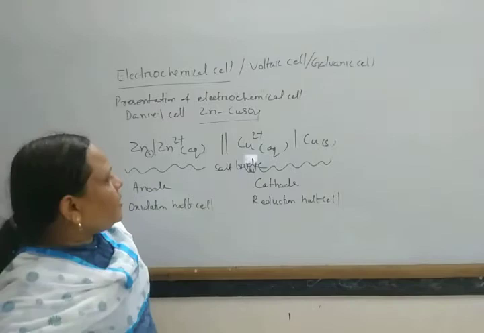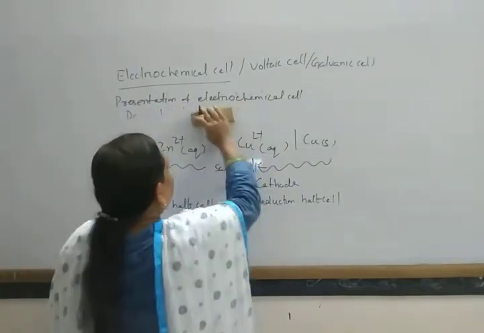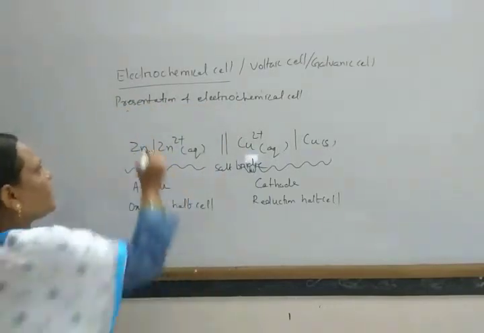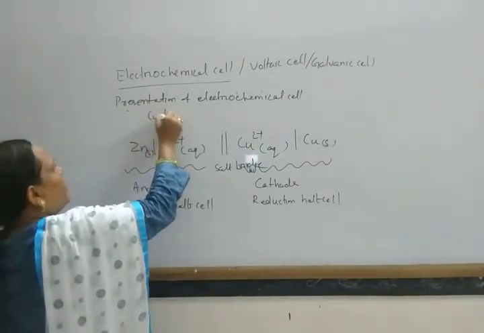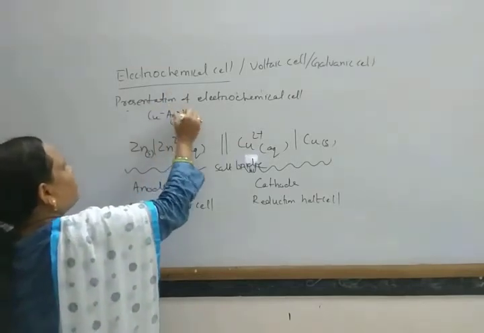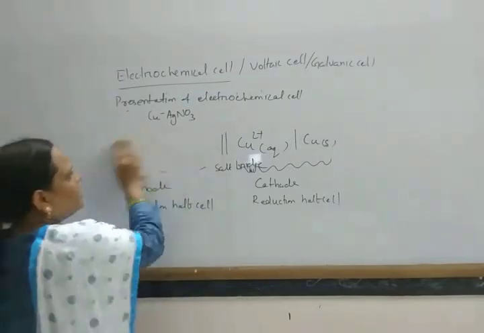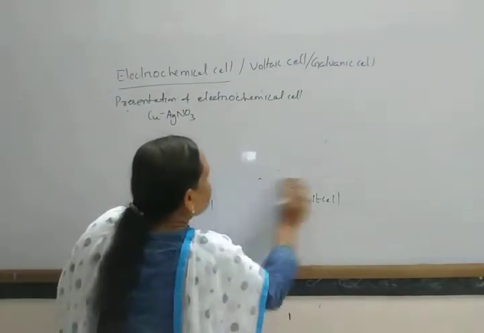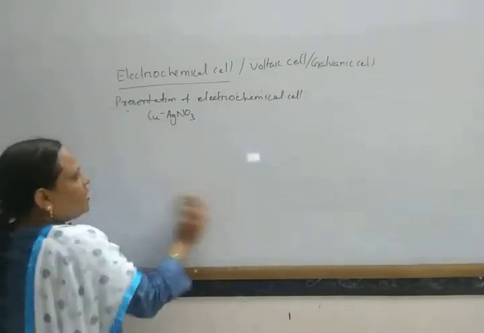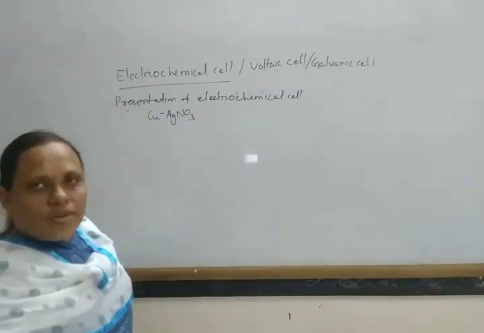Let us consider another example of an electrochemical cell, the copper and silver nitrate system, and we have to write the cell reaction. Represent this electrochemical cell and write down the oxidation half reaction, the reduction half reaction, and the overall reaction.